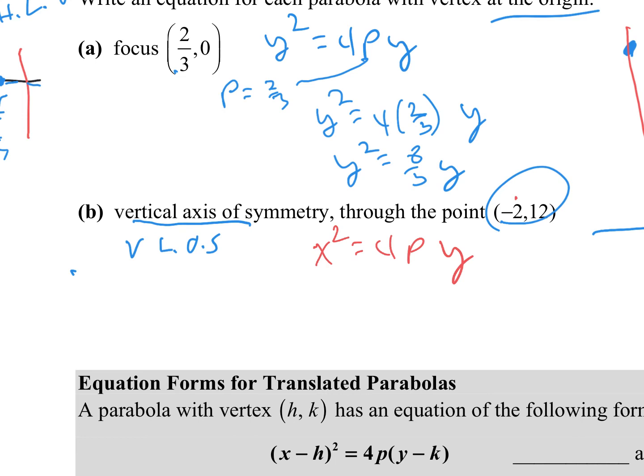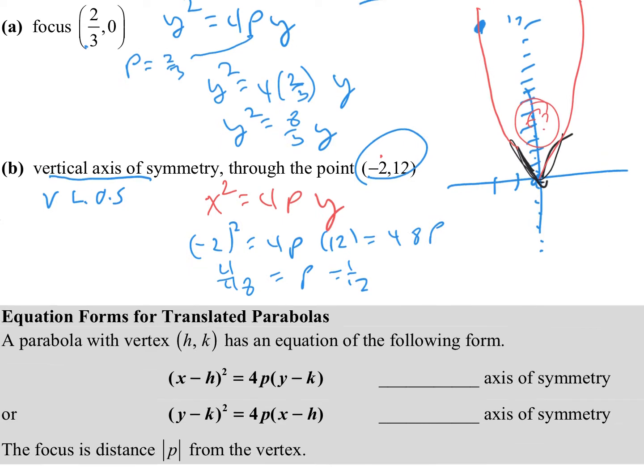So negative 2 squared equals 4p times the 12, which is 48p. That's 4 divided by 48 will equal p, which is 1 out of 12.